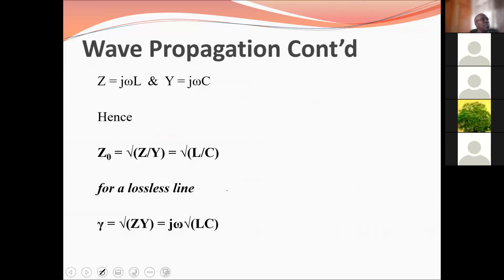Now, we spoke earlier, and in defining our line, we said that Z was the impedance per unit length, and Y was the admittance per unit length. Z, of course, was the horizontal element, and Y the vertical element. The horizontal element, as far as we know, would be your inductance. And so Z would be equal to j omega L. And Y would be j omega C. Nothing fancy.